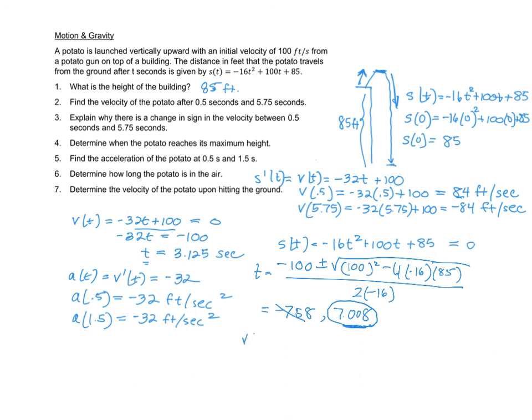So if I take v of 7.008, I'm going to do negative 32 times 7.008 plus 100, and we get negative 124.256. And that's in feet per second. So the potato hits the ground at a velocity of negative 124.256 feet per second.